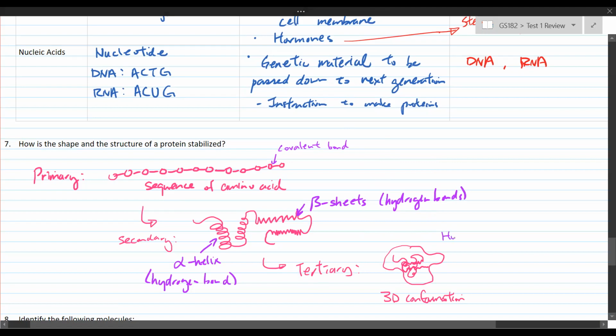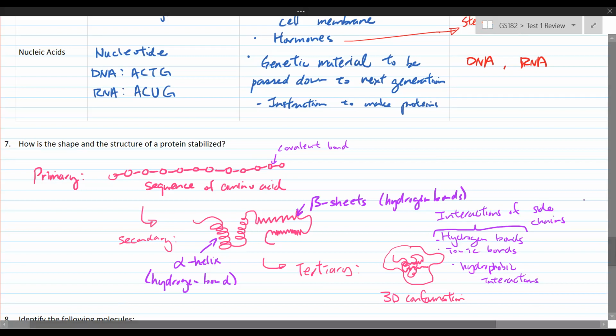It could be hydrogen bonds again. It could even be ionic bonds, hydrophobic interactions. So essentially, these are all interactions of side chains.